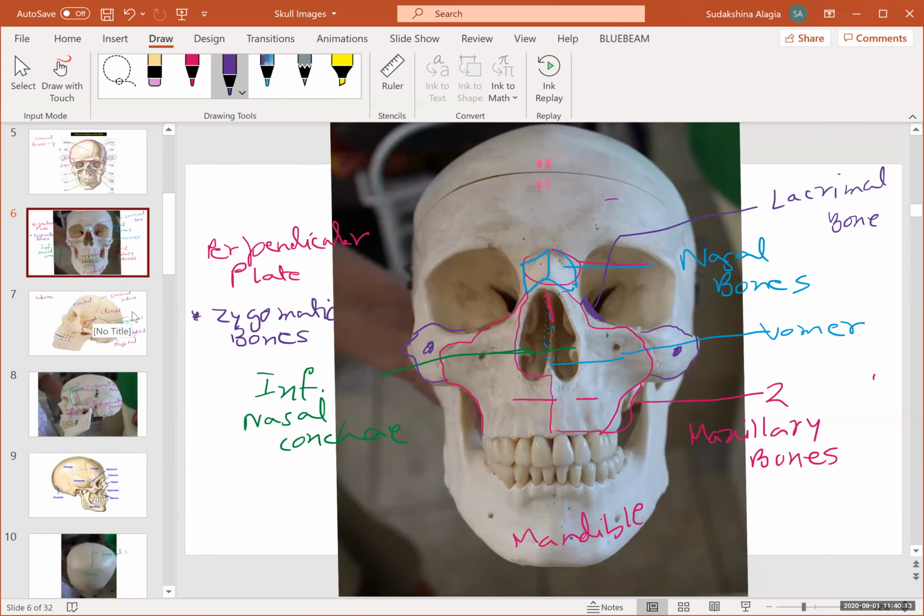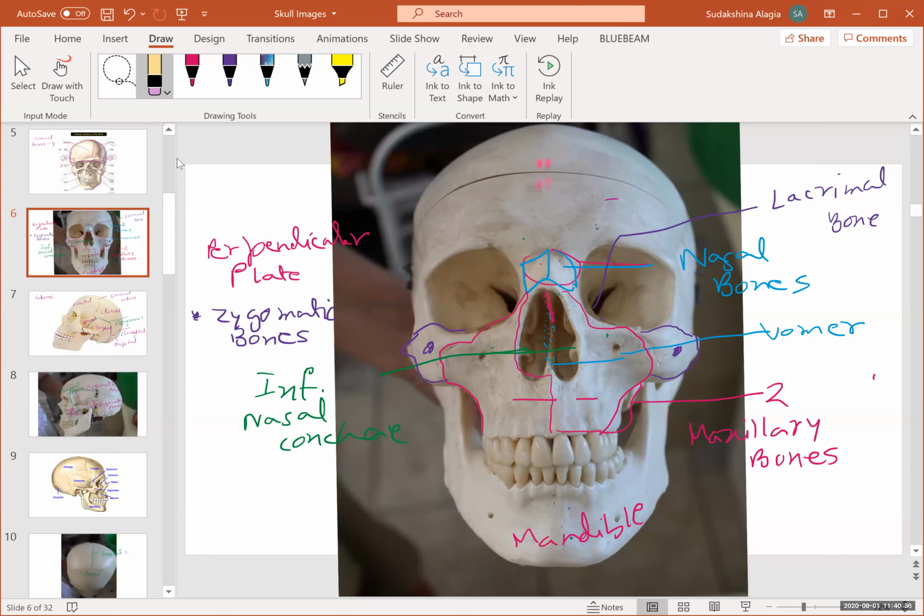So look for this ridge, what looks like a demarcation, a delineation. If I erase this here, see that? Basically, that's the lacrimal bone, immediately next to the nasal bones. Nasal and maxillary bone, lacrimal bone.